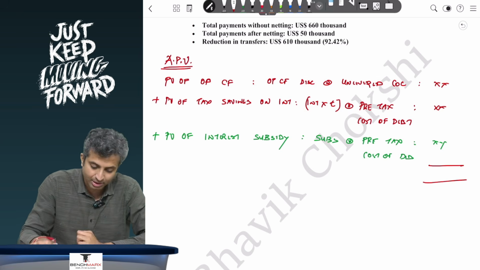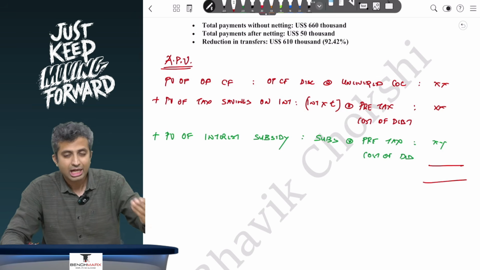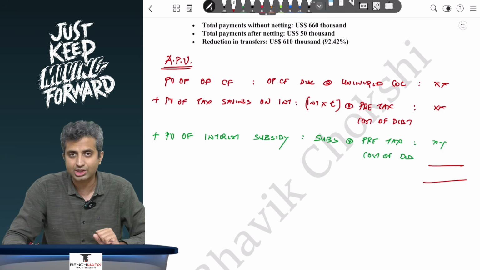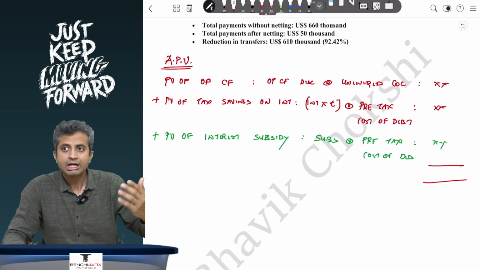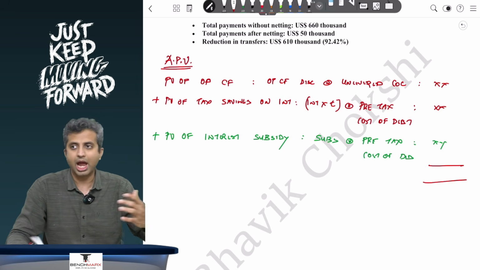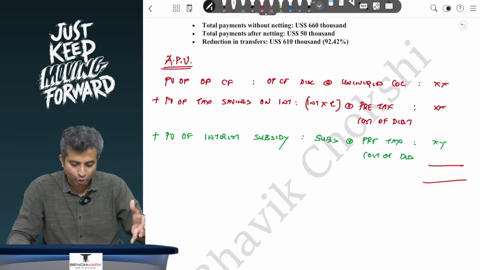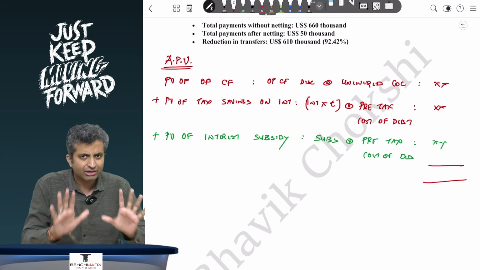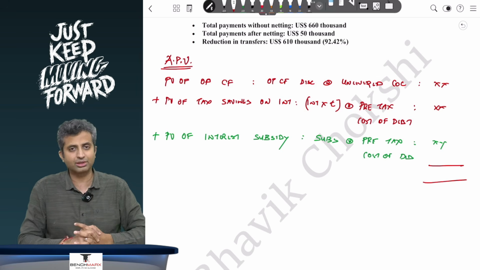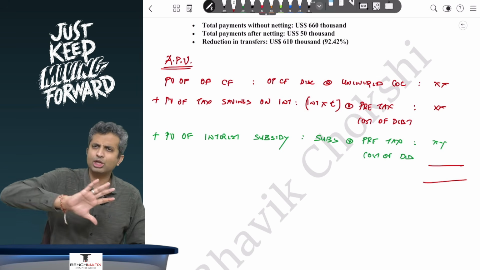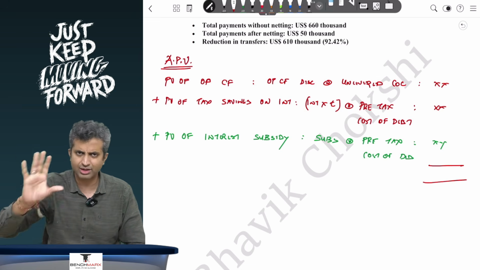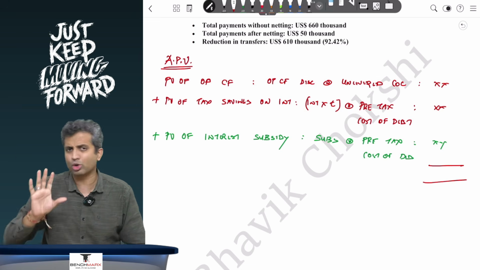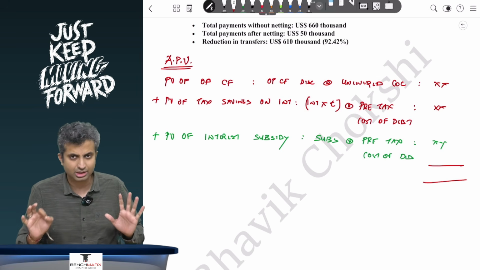But if, let us say, the project cash flows are in a different currency, like what came in one of the May 26 exam questions, the loan cash flows may be in rupees and the project cash flows may be in euros, in which case it becomes difficult. In such a situation, this is a foolproof method where you take the operating cash flows in whatever currency it is, use the unlevered cost of capital, and find the project assessment.